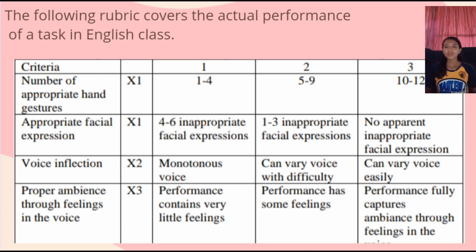Basahon nato. Number of appropriate hand gestures, appropriate facial expression, voice inflection, and last is the proper ambience, true feelings, and the voice. So, sa maobserbahan ninyo, sa criteria na part kay specific o understandable jud siya, no?